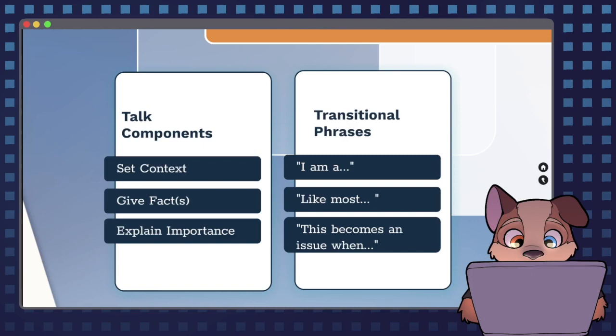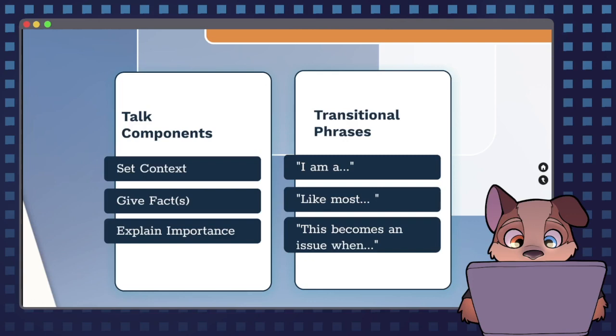And then to help a problem space expert discuss these components, I like to come up with some transitional phrases that will help you transition from the context to giving facts to explaining importance.